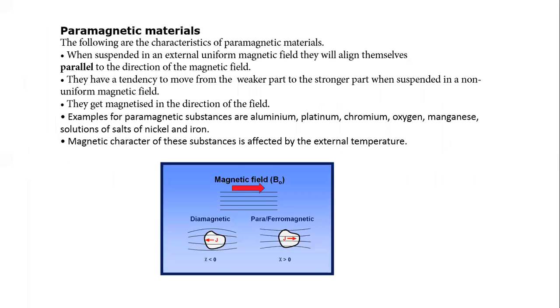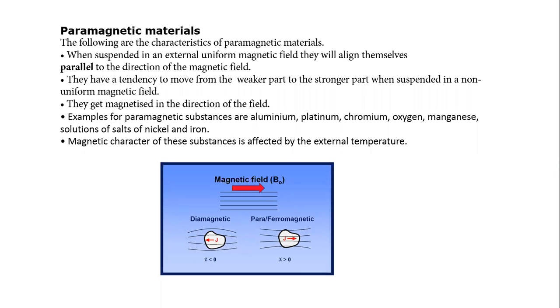So paramagnetic materials have a tendency to move from the weaker part to the stronger part when suspended in a non-uniform magnetic field. They get magnetized in the direction of the field. Examples for the paramagnetic substances are aluminum, platinum, chromium, oxygen, manganese, and solutions of salts of nickel and iron.